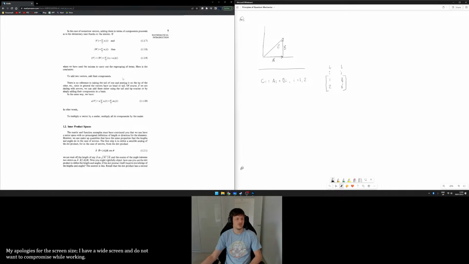In the case of non-arrow vectors, adding them in terms of components proceeds as in the elementary case thanks to the axioms.